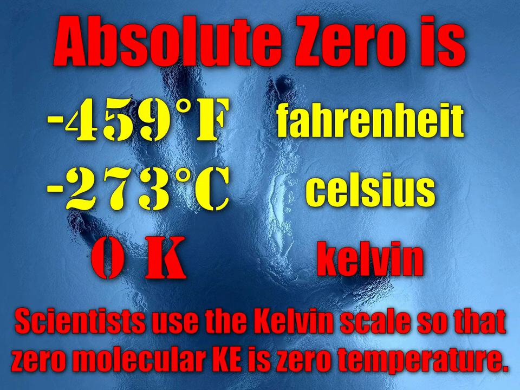And so we use this scale because 0 molecular kinetic energy is actually 0 temperature at 0 Kelvin. So that's why it's called absolute zero. It's not a fake zero, like Celsius, 0 degrees Celsius. That's not 0 temperature. That's just freezing water. In 0 Kelvin, that is actually truly, absolutely 0 molecular kinetic energy.